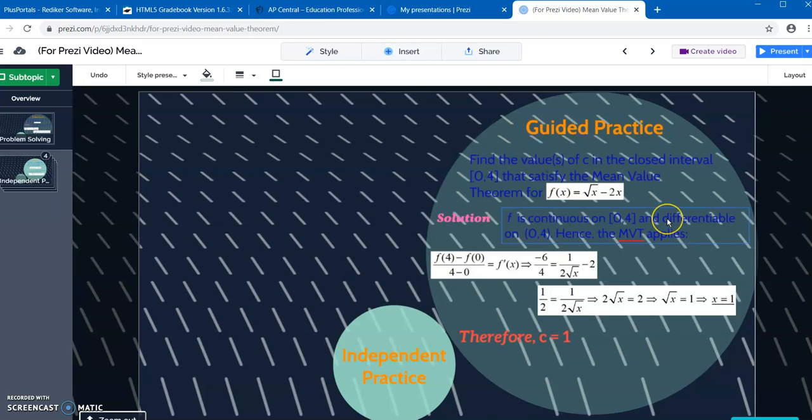With the hypothesis indicating continuity on the closed interval and differentiability on the open interval, we apply the mean value theorem: f of 4 minus f of 0 over 4 minus 0 equals f prime of x. We solve for x, and we obtain the value of c equal to 1.